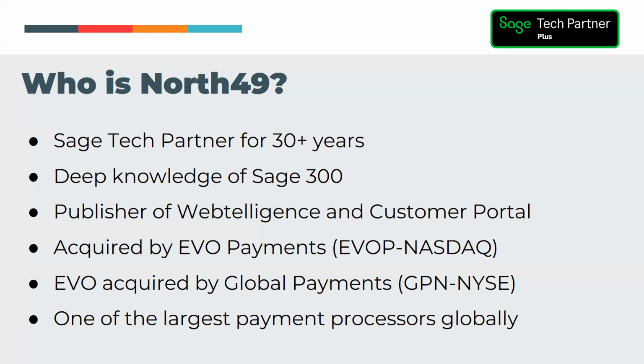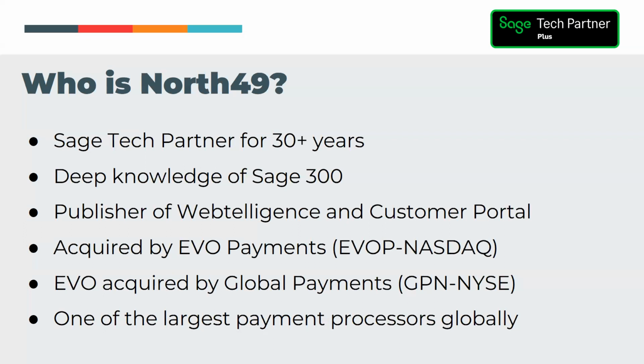Just over a year ago, I think it was back in May of last year, we were acquired by a company called Evo Payments, a global payment provider. So credit cards, ACH payments. Then back in March of this year, Evo was acquired by Global Payments, a much bigger payment processing company. So now North49 is part of Global Payments.